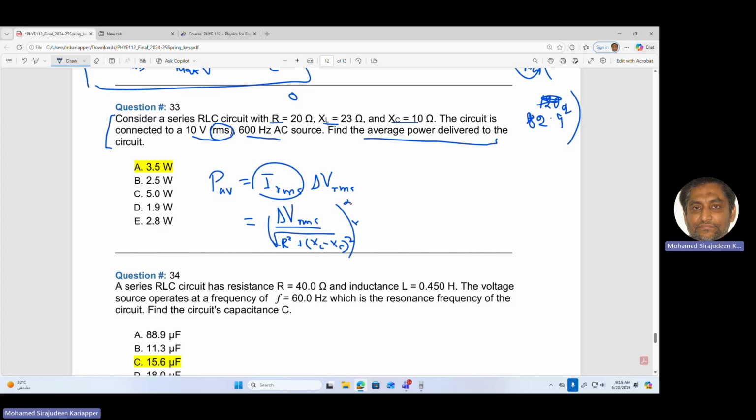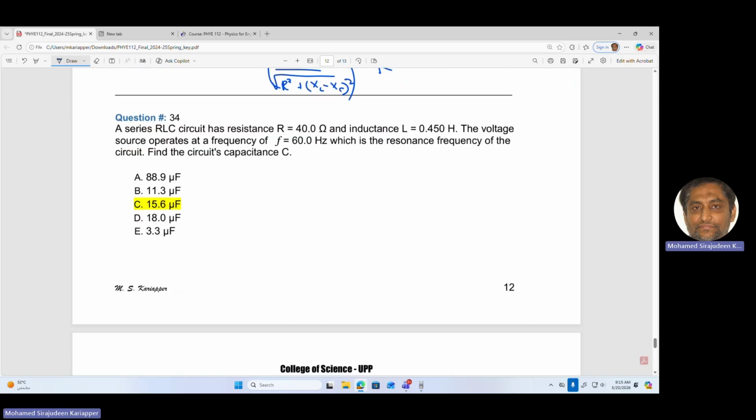So P average is equal to I squared RMS times R. I will leave it to you to calculate. Let me finish the other two questions. So that's the equation.